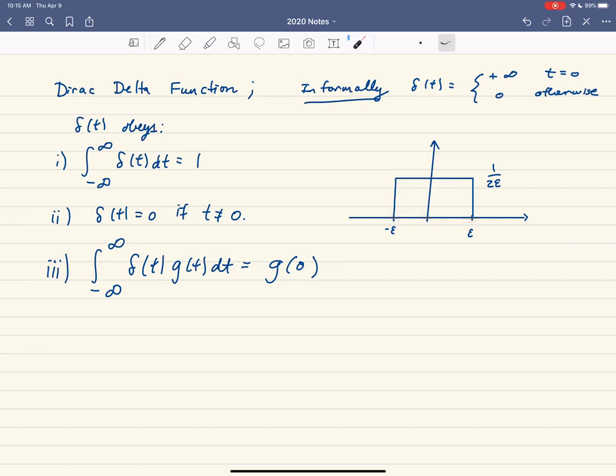And so if I have 1 over 2 epsilon, that means that this is going to be some region that has area 1. So the rectangle there is going to have area 1 if you scale this appropriately. And what we're going to do is define this function f sub epsilon of t to be the function that's 1 over 2 epsilon if t is between negative epsilon and epsilon, and it's 0 otherwise.